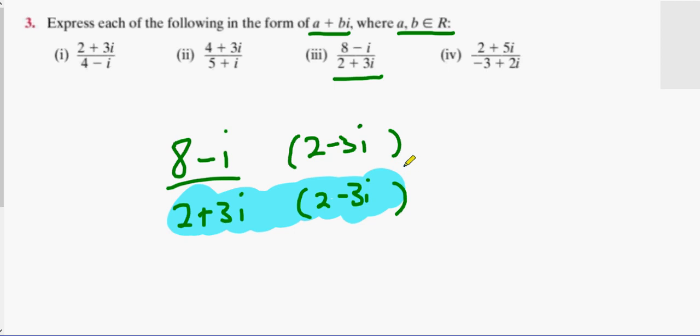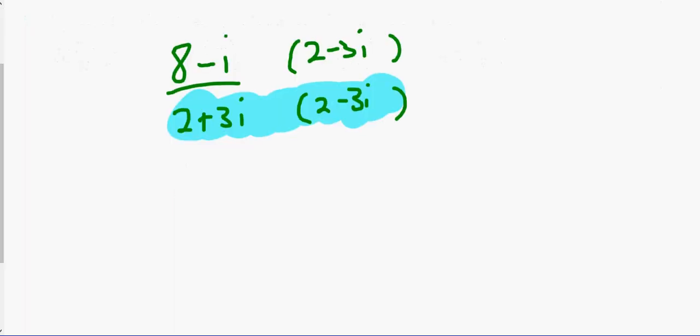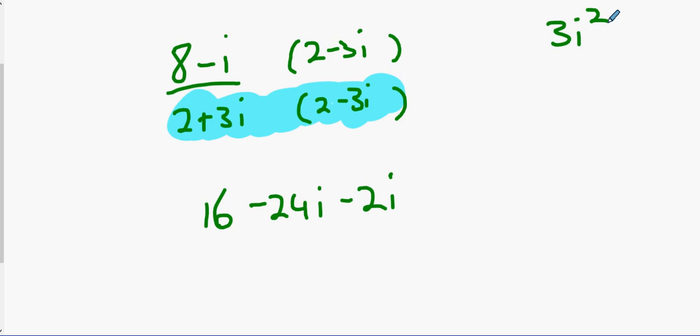Okay, so here's what happens. We multiply at the top. 8 times 2, 16. 8 times 3i, minus 24i. Minus i times 2, minus 2i. What's i times 3i? 3i squared, otherwise known as minus 3.